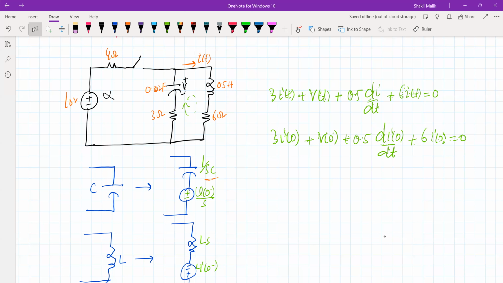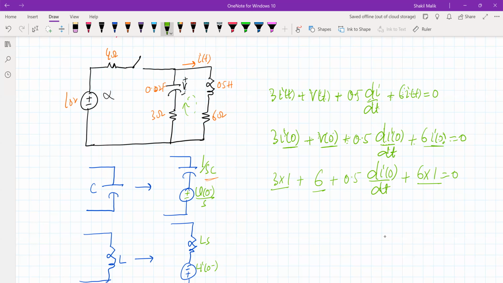Now we know the value of I of 0, we know the value of v of 0. So it is 3, I of 0 is 1, plus v of 0 is 6, plus 0.5 di 0 by dt, plus 6 times I of 0 is 1. So that's equal to 0. 3 plus 6 is 9, plus 6 is how much?